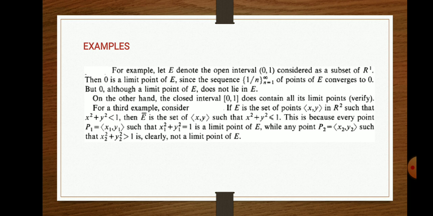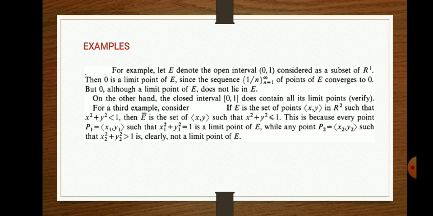For a third example, if E is the set of all points (x, y) in R2 such that x squared plus y squared is strictly less than 1, that is the interior of the circle of radius 1 with center at the origin, then the closure of E is the set of all points (x, y) such that x squared plus y squared is less than or equal to 1.